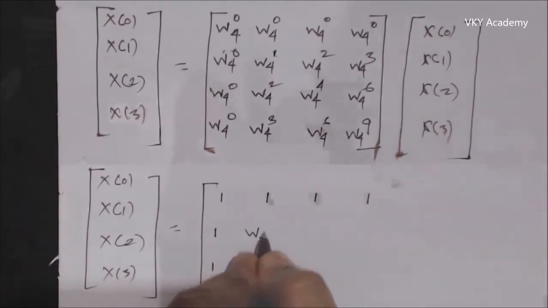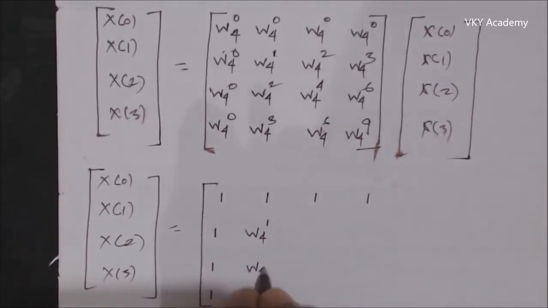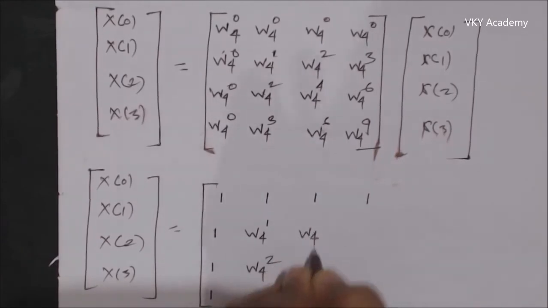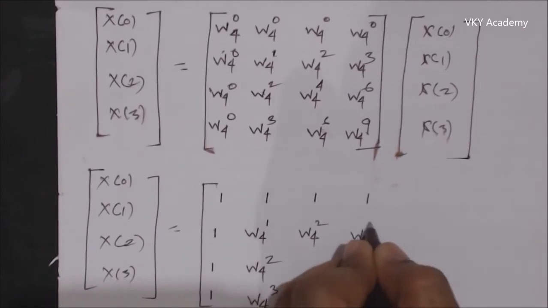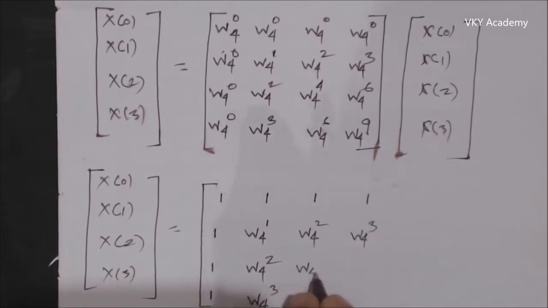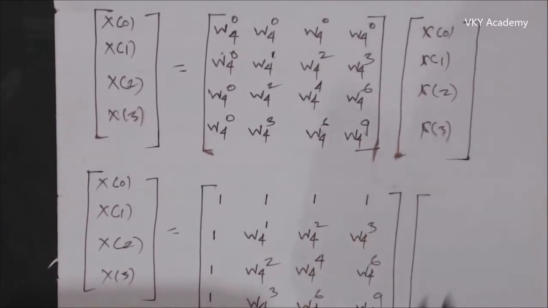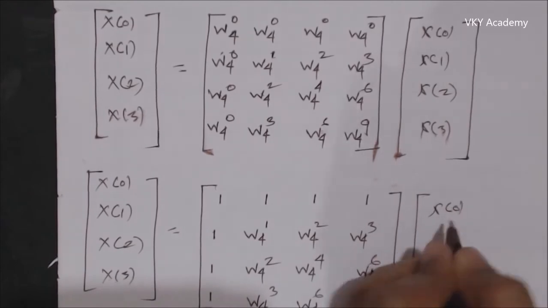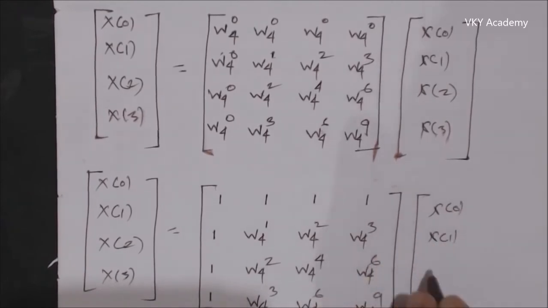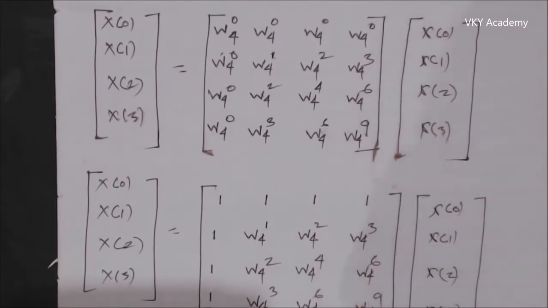And this is W4 to the power 1, W4 to the power 2, W4 to the power 3, W4 to the power 2, W4 to the power 3, W4 to the power 4, W4 to the power 6, W4 to the power 6, W4 to the power 9. And this is my input: x of 0, x of 1, x of 2, x of 3.